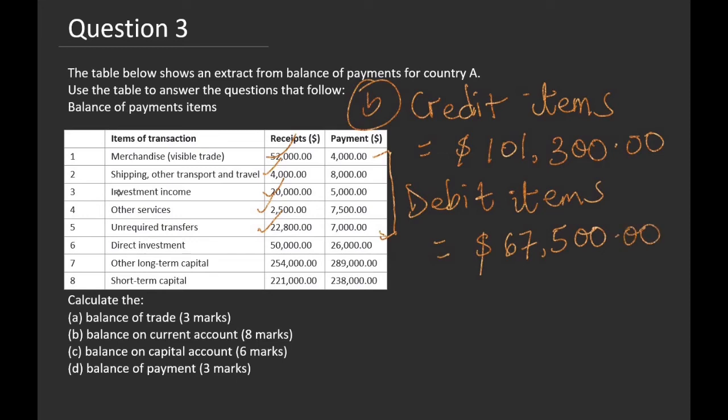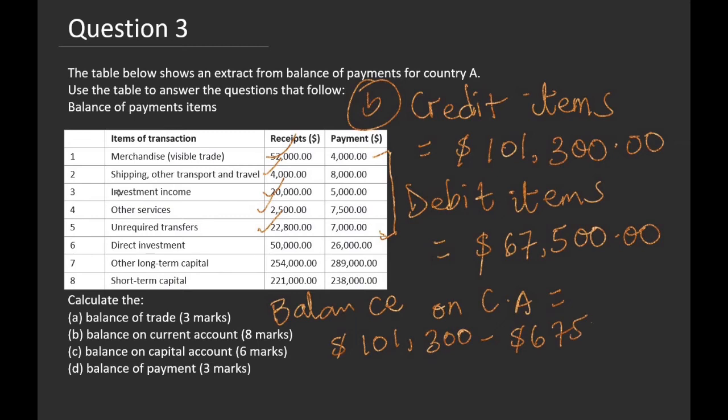So the balance on current account equals credit items 101,300 minus debit items 67,500.